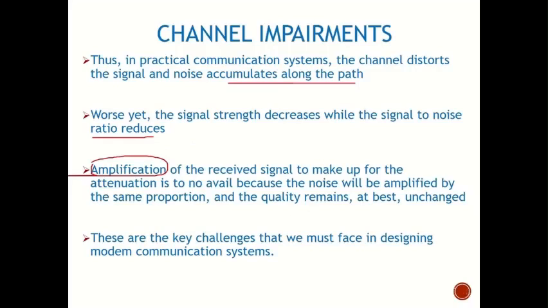But the issue is when we amplify a signal that has already been affected by noise, we are also amplifying the noise. So amplification will not result in an improvement of signal to noise ratio. It will only increase the overall power of the signal, which also has noise in it, right?